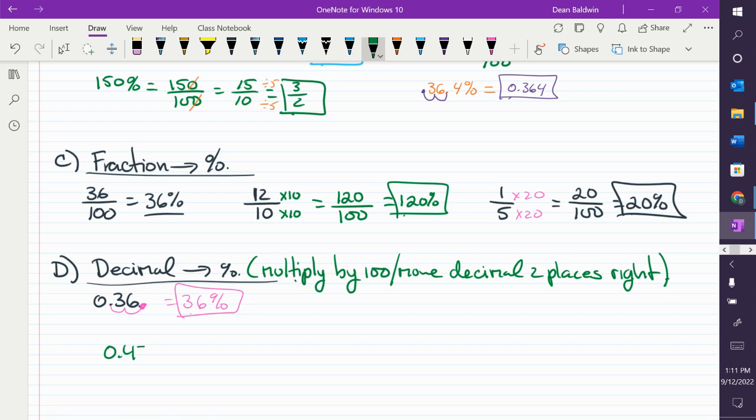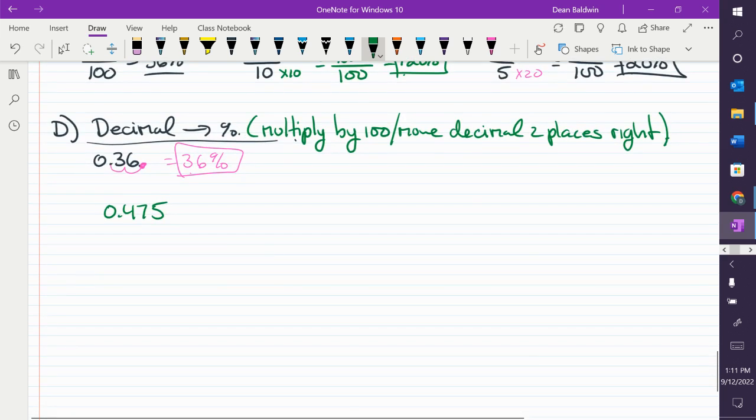So 0.475. That's it. So you can either just move the decimal 1, 2 spots there, and I get 47.5%, or times by 100, which gives you the exact same thing.